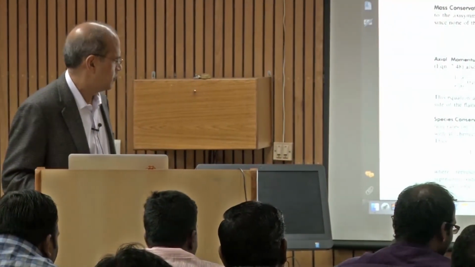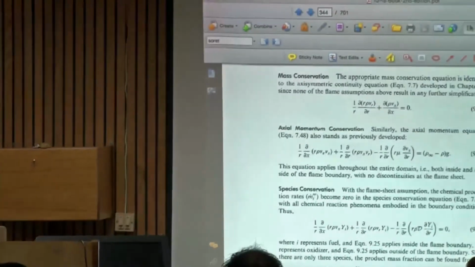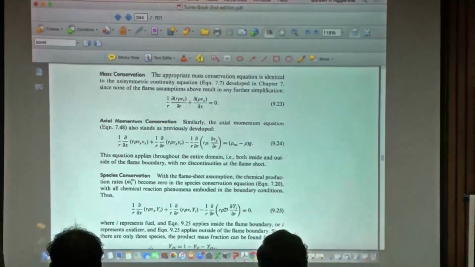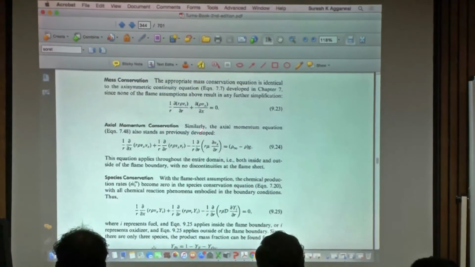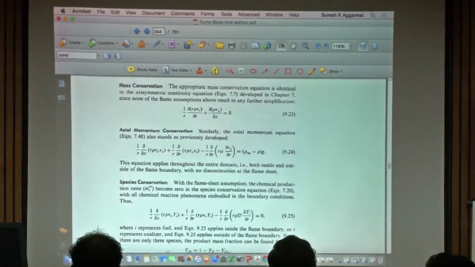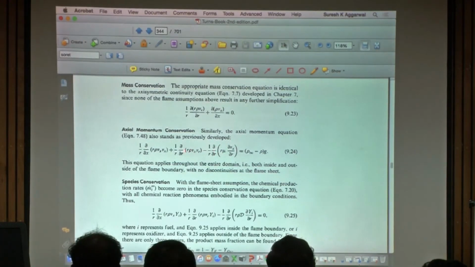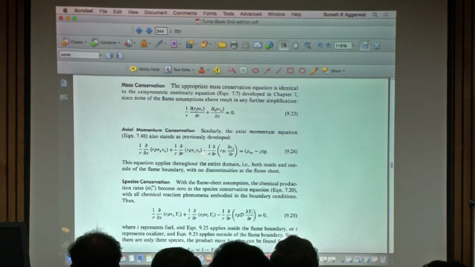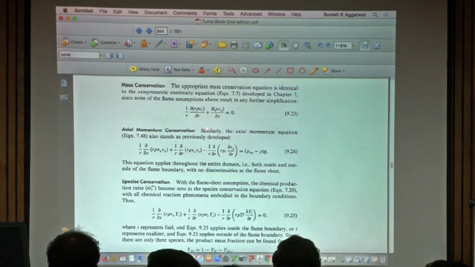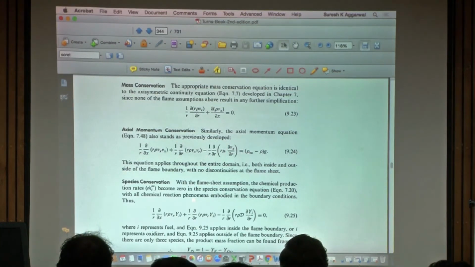So, this is the starting point. So, you have equations, 3 equations basically, the continuity, okay, and then the axial momentum, okay. So, you can go through more details. We do not really need the radial momentum equation, okay, when we use the condition that the pressure is constant, and then the species equation.